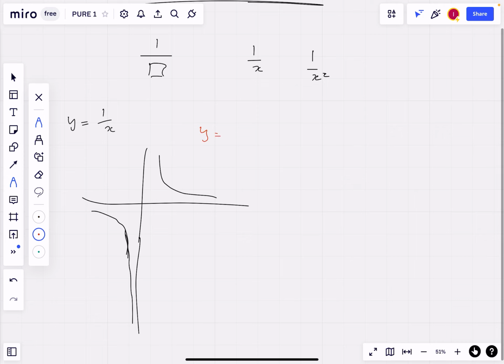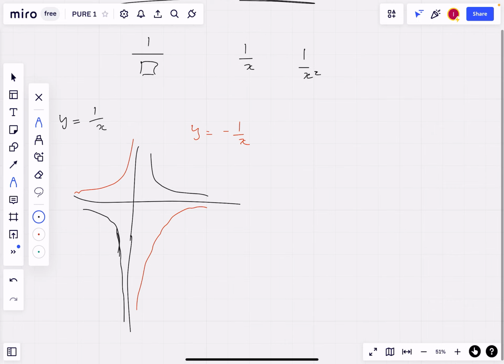If I have minus 1 over x, it's just going to be in the other quadrants of your axis. If I have the y equals 1 over x squared graph, then it's going to go here and it's going to go there.